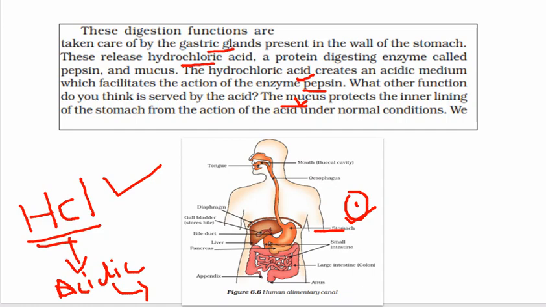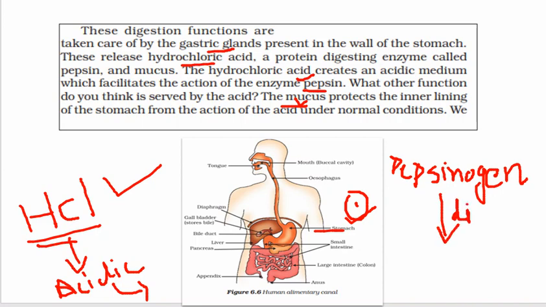So here we can write down the equation: the pepsinogen, in the presence of dilute HCl, converts into the pepsin.